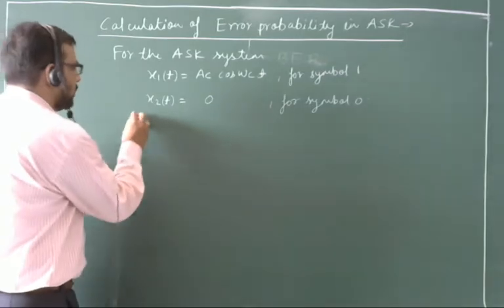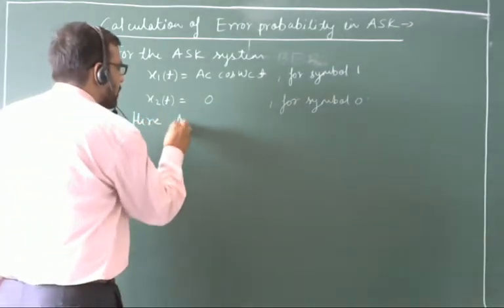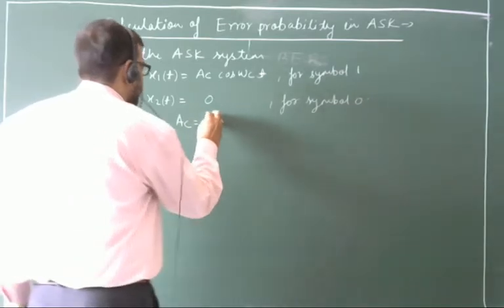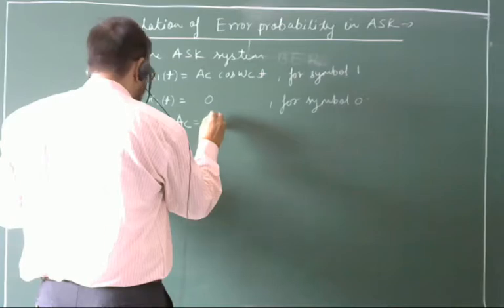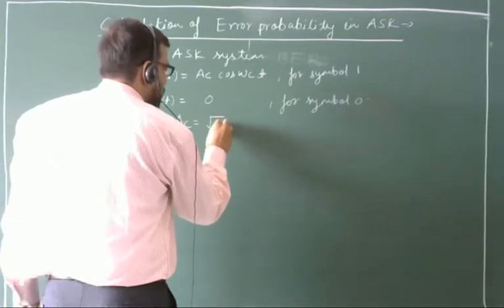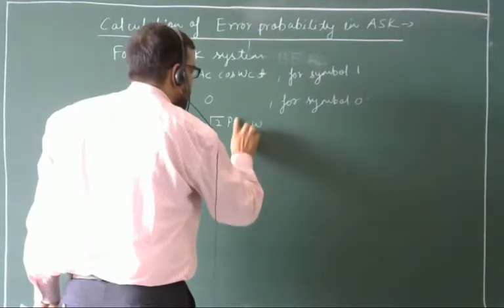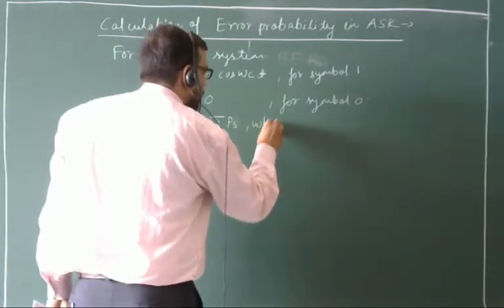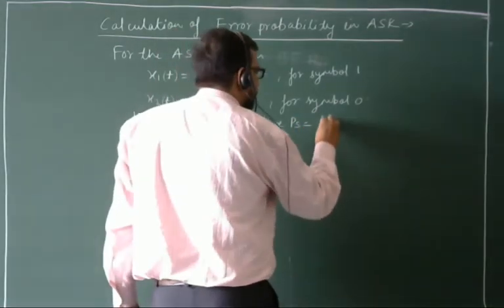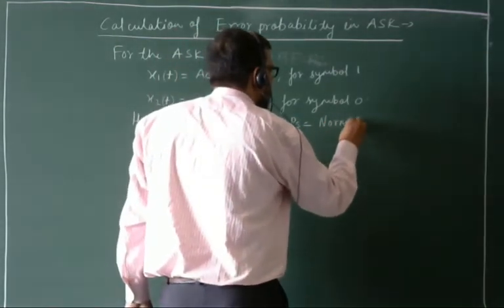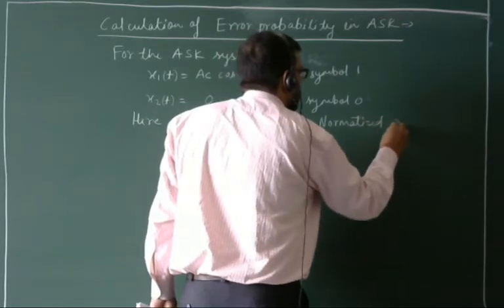Here Ac is equal to under root 2 Ps, where Ps is the normalized power.